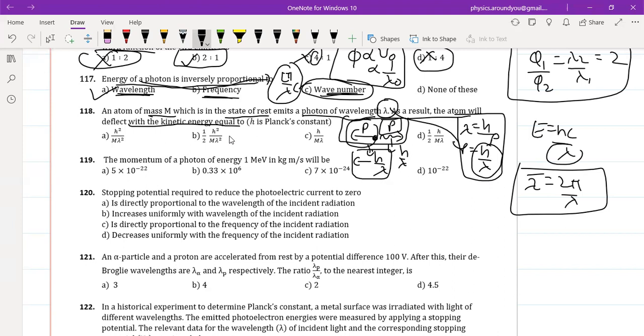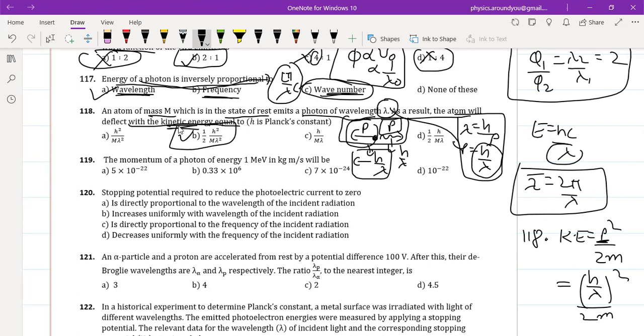What would happen if I know the momentum? I need the kinetic energy, right? Here is where concepts mingle. We know kinetic energy is p square by 2m. And if I know the momentum is h by lambda, it is h by lambda the whole square by 2m. The only option that is matching over here would be option B, which has a 2 in its denominator and squares on h and lambda.